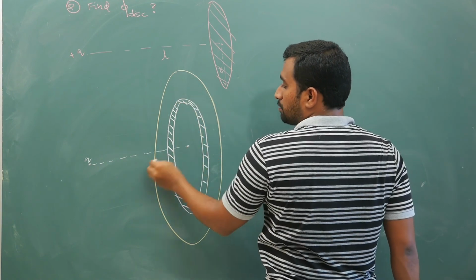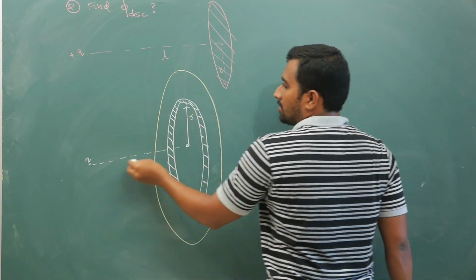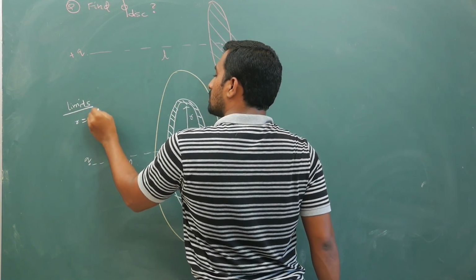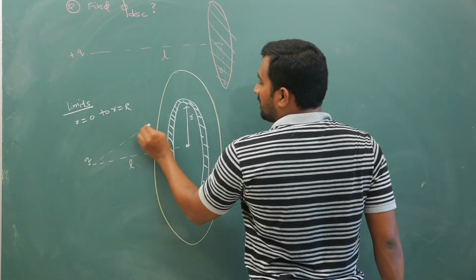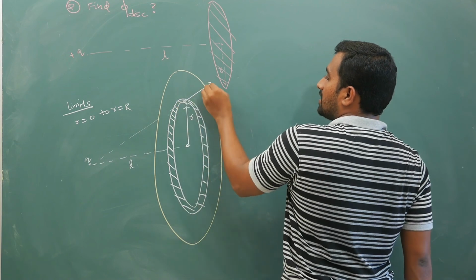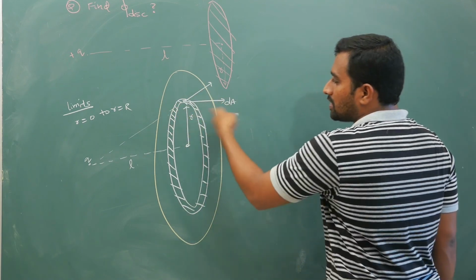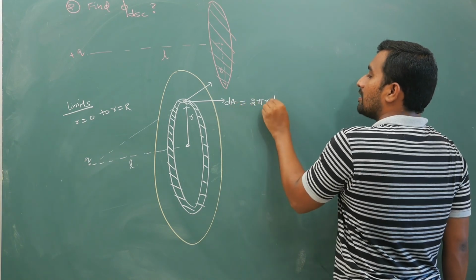Now across this patch, this distance is L, this distance is r. Your limits are from r equal to 0 to r equal to capital R. The small area dA will be perpendicular to the surface, which is 2 pi r dr.